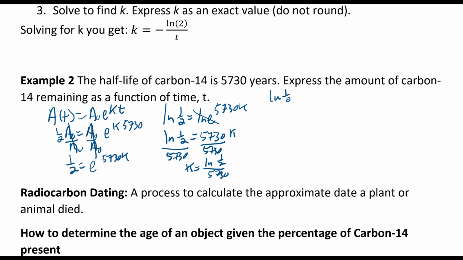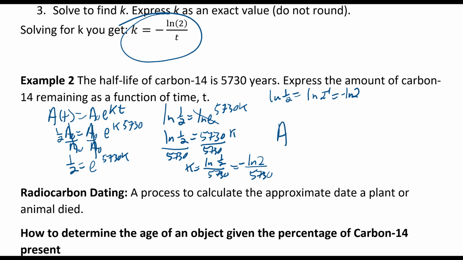Natural log of 1/2 is the natural log of 2 to the negative 1, which is negative natural log of 2. So you can do this as negative natural log of 2 over 5,730. So we could have saved all that work if we would have just used this formula here. So, express the amount of carbon-14 remaining as a function of t.